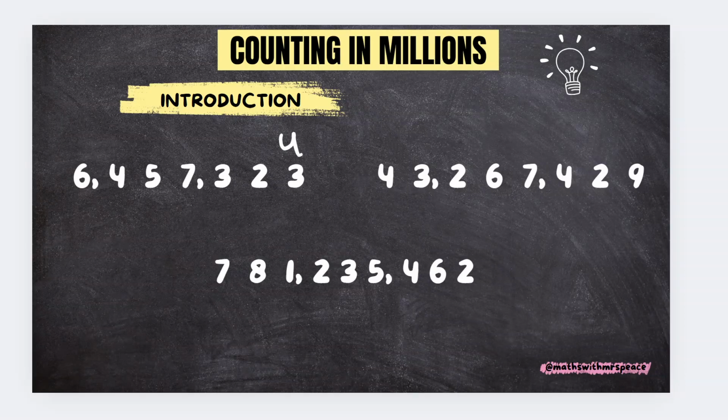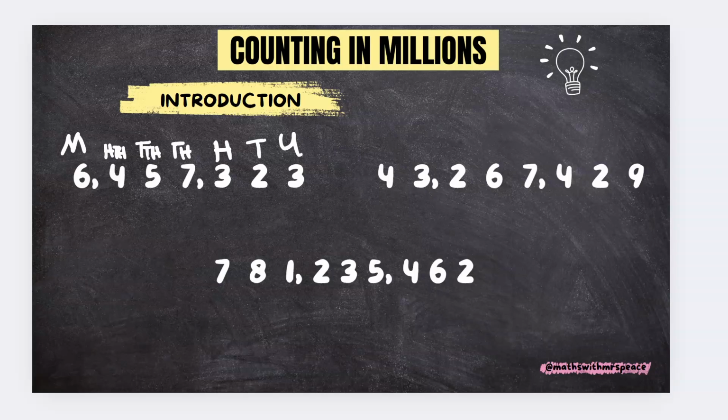The place value of 2 is tens. The place value of 3 is 100. The place value of 7 is 1000. The place value of 5 is 10,000. The place value of 4 is 100,000. And the place value of 6 is million.